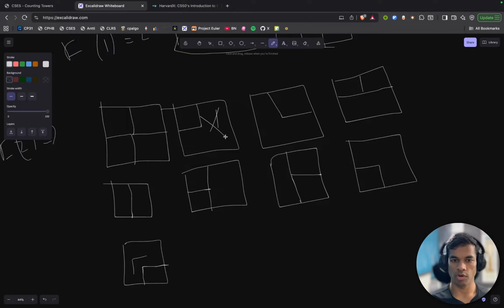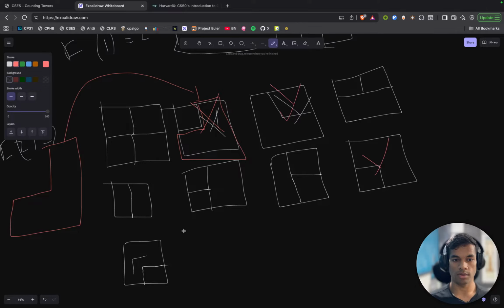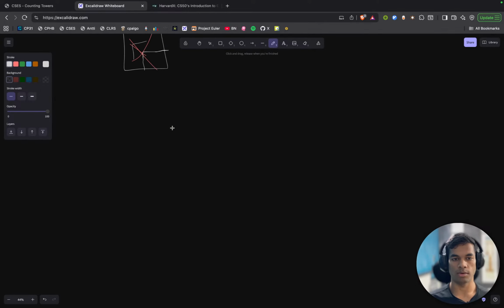This is also not possible. This is also not possible. Okay, these are not possible because we do not have an L-shaped block, so-called, like this, which we can put on here. We do not have something like this. So this is not possible. This is not possible. And this is not possible. This is not possible. So let's only write things that are possible.